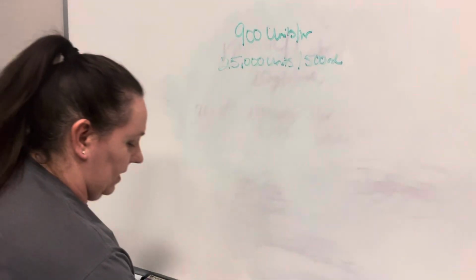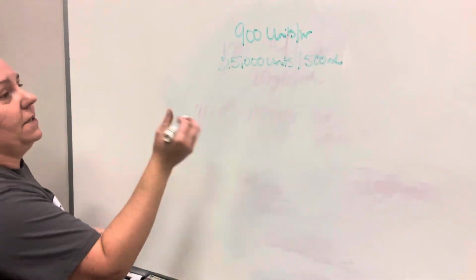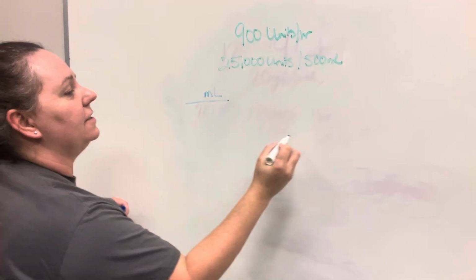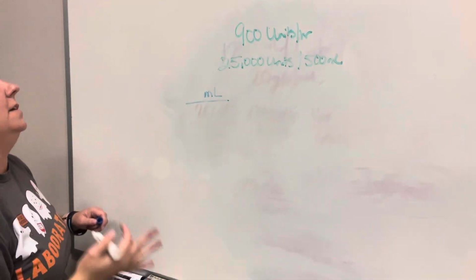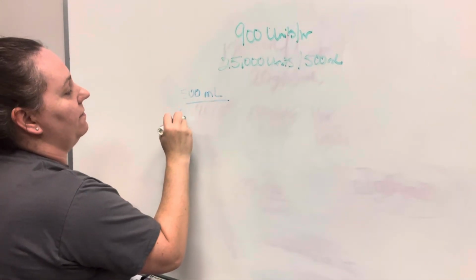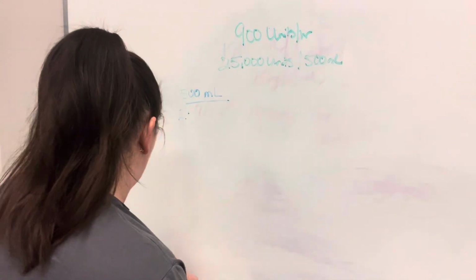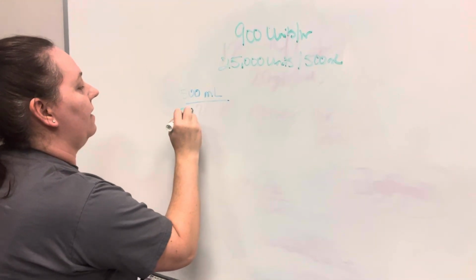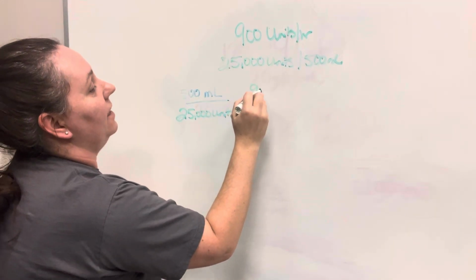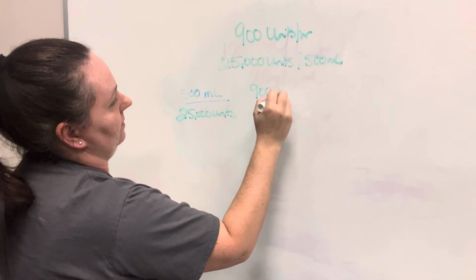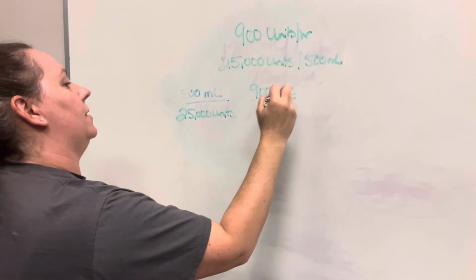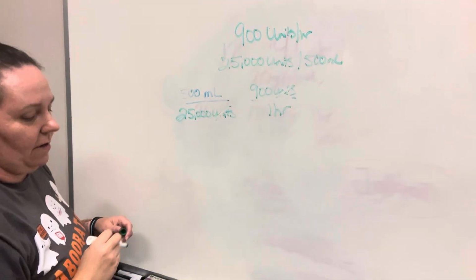So with this, we're going to start with milliliters because we want milliliters per hour. So we've got to start on the left side with milliliters and work our way to an hour on the right. So we know that 500 milliliters is 25,000 units. And we want to give 900 units per 1 hour. So we'll cancel out our units and multiply across, right?